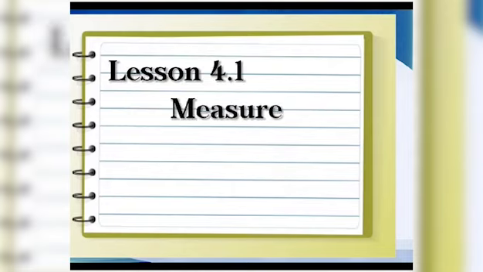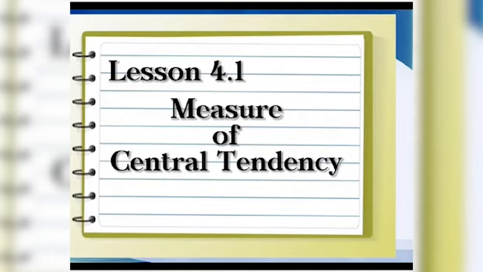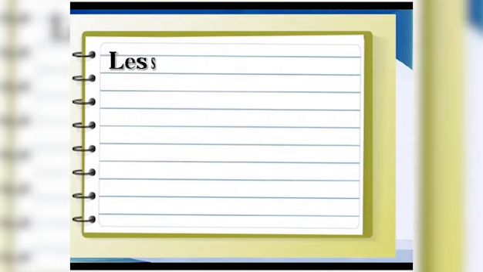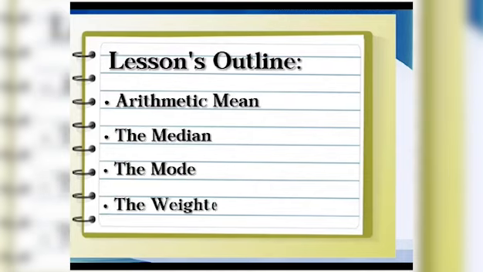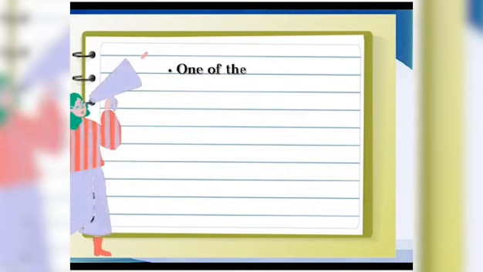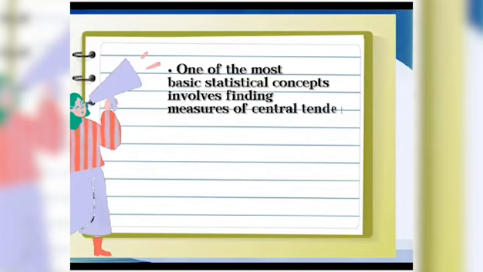And now, I will discuss the first lesson of Module 4, which tackles measure of central tendency. In this lesson, we are going to determine the arithmetic mean, the median, the mode, and the weighted mean. One of the most basic statistical concepts involves finding the measure of central tendency of a set of numerical data.